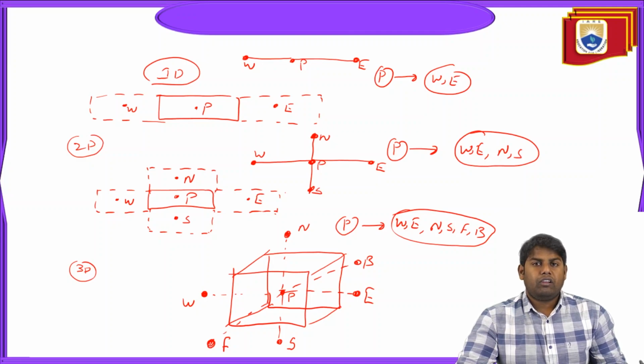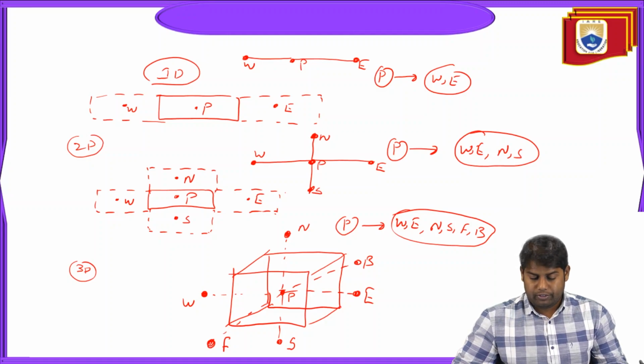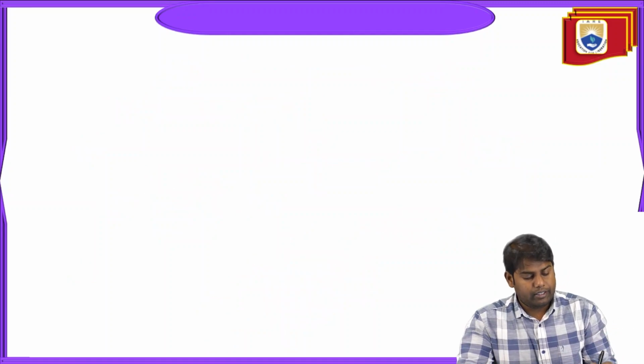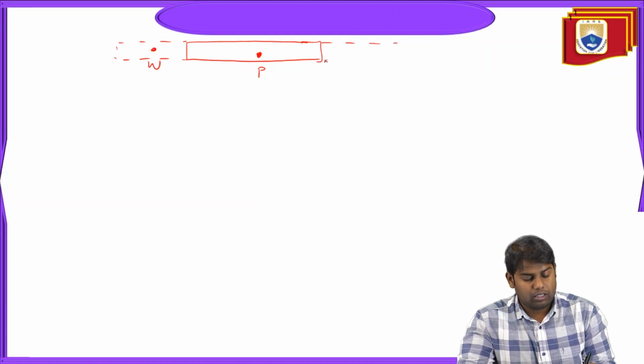Now let us clearly see how we apply this for 1D flow, which is for the diffusion equation. Let us write. This is the point of interest P, this is our base, here this is west, and here this is east.